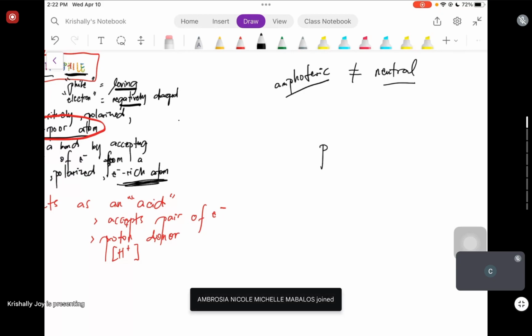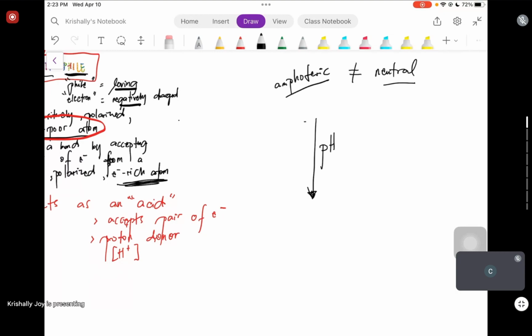Kung ang pH is lower than 7, halimbawa, or 7.4, 7.5, that is an acidic pH. But higher than that, that is a basic pH. Pero in between siya, kung nasa in between an acid and a basic pH, that's the time it's neutral.